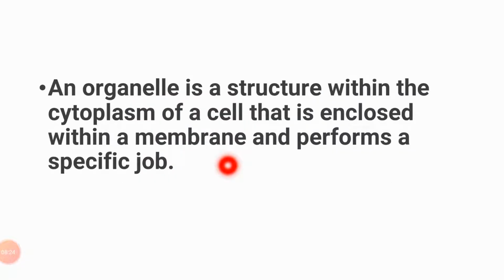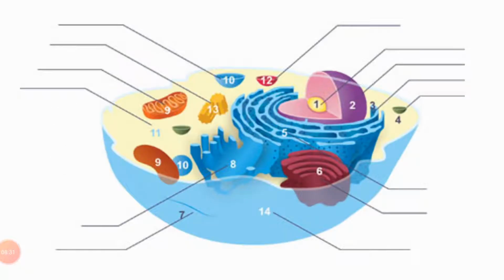An organelle is a structure within the cytoplasm of a cell that is enclosed with a membrane and performs specific jobs, the same as we already discussed. And here is another diagram, and you have to draw this diagram, label it and search for these organelles.